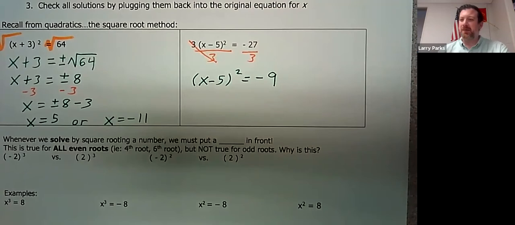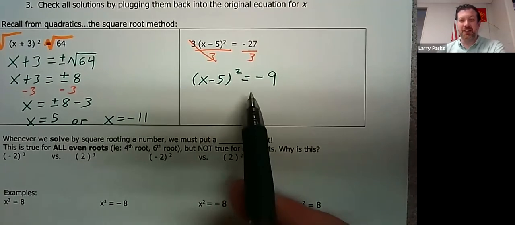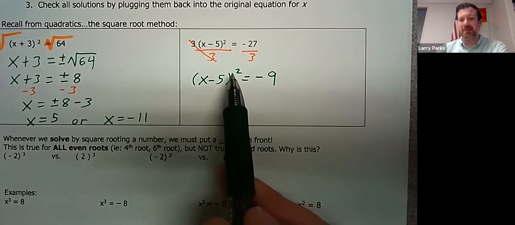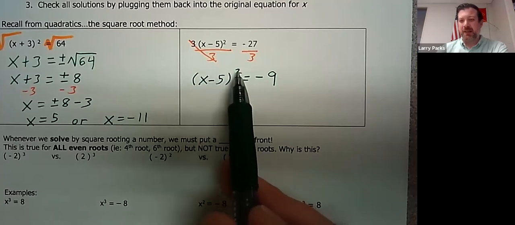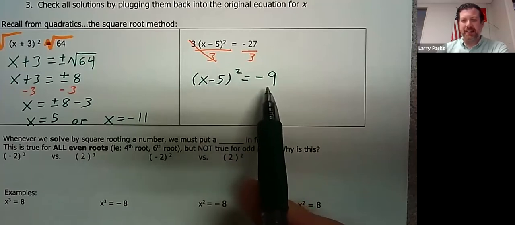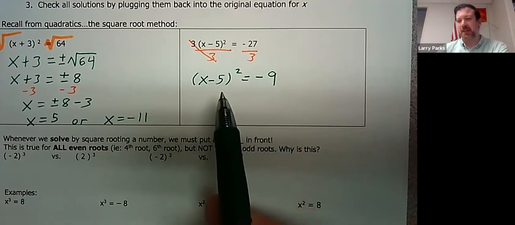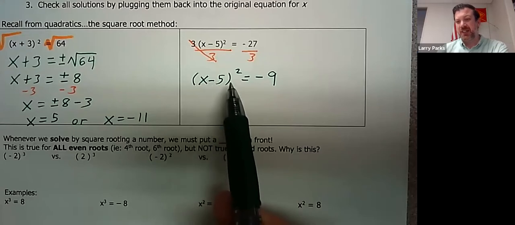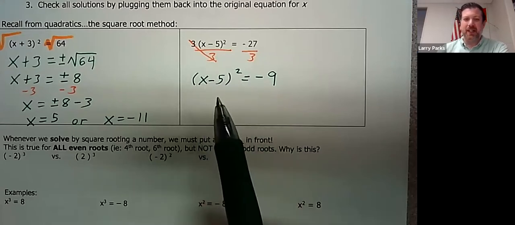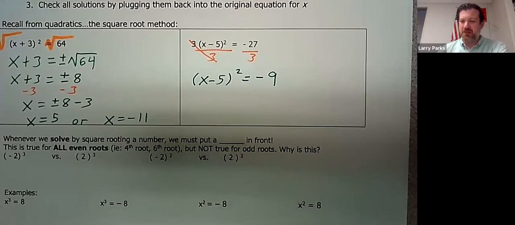Well, we have a problem. I notice it, but you may not notice it till the next step. You cannot square a number and get a negative back unless you're dealing with the imaginary number system, which we're not going to mess with. So technically, there are 2 solutions. They're imaginary. But for now, I just want you to put no real solution.